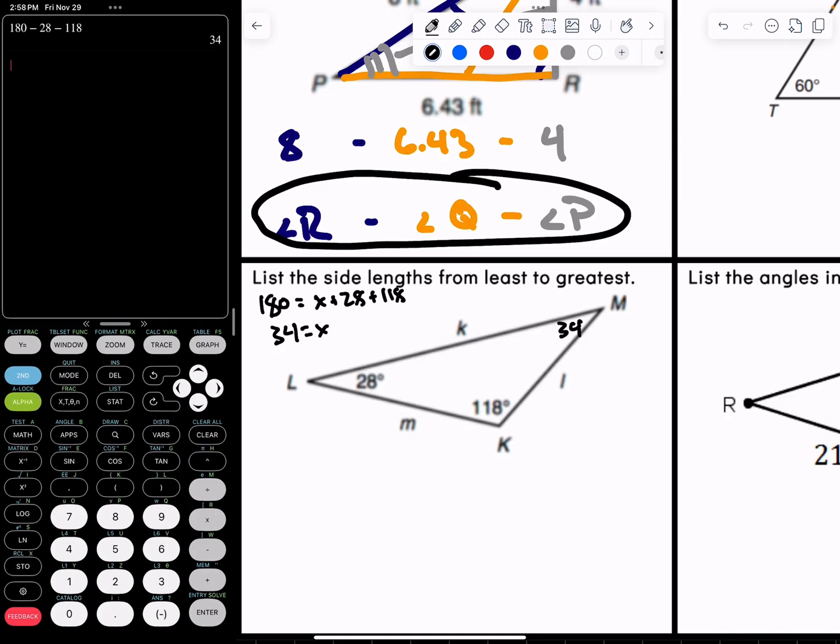And now, given that information, I can go from least to greatest. My smallest angle is 28.